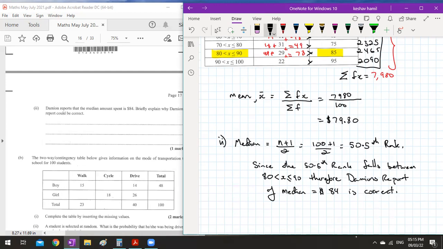And why we could see this is because the middle mark of the grouping is $85, just close to 84. So meaning that the 50th student could fall anywhere between 80 and 90, so that means it could be correct.